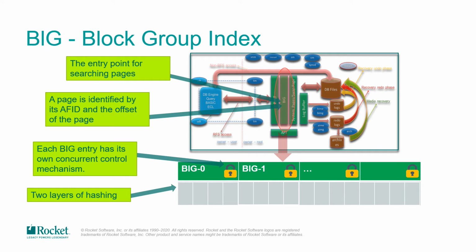And within this BGI entry, we have another layer of hashing. So overall, the first layer distributes our operations to different BGIs, and within that BGI, we have another. So it's two layers of hashing to help the performance of the system buffer.